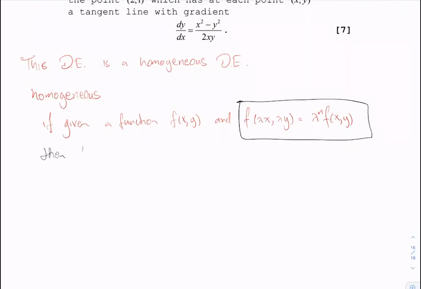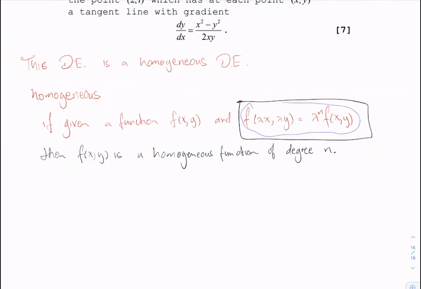So f of x, y is a homogeneous function of degree n if we can show that this equation holds true.